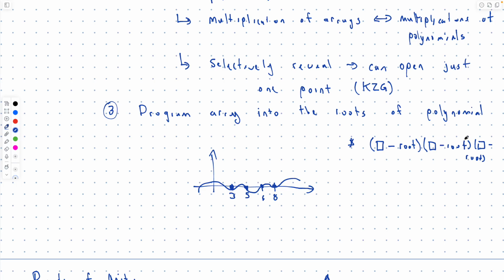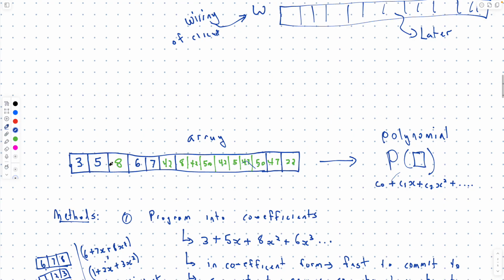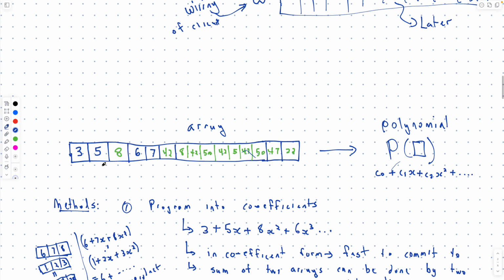So you're going to do long multiplication. So every time you add another term, you have to multiply it by all the existing terms. So this ends up being like O(N squared). The big problem with this approach is, let's say I have this array, 3, 5, 8, 6, 7. I have almost the exact same array. I want to commit to it using roots.